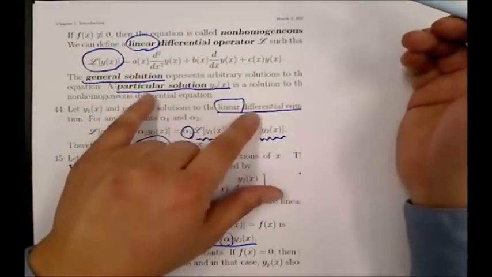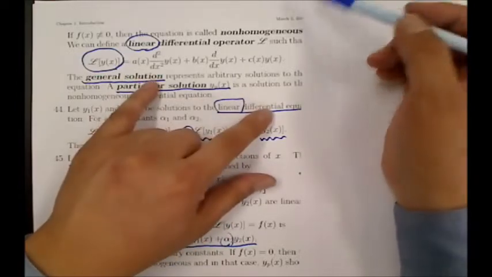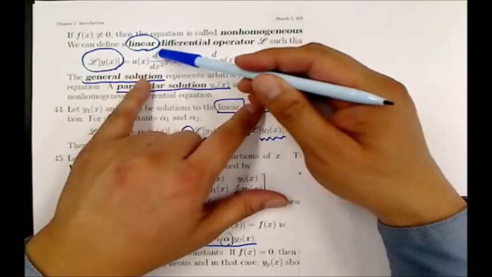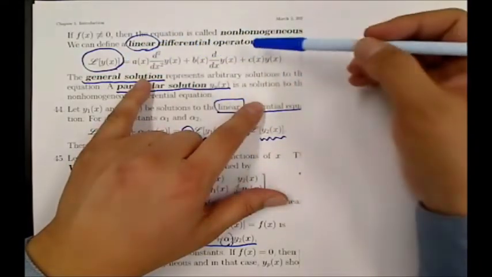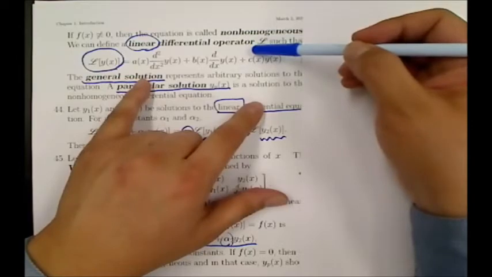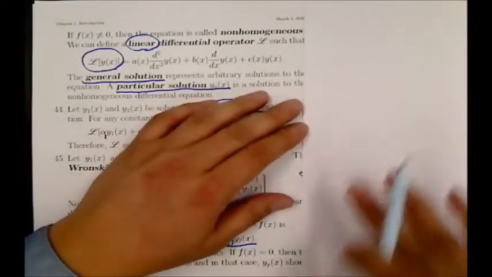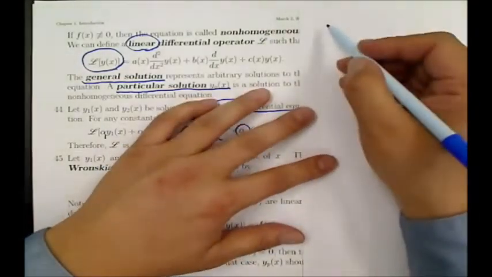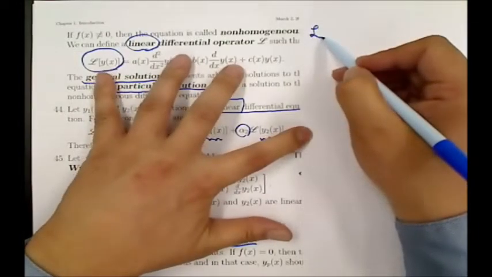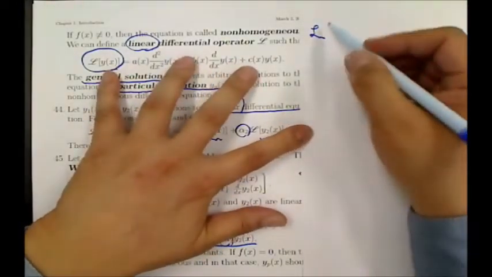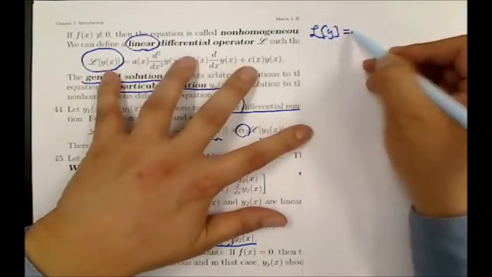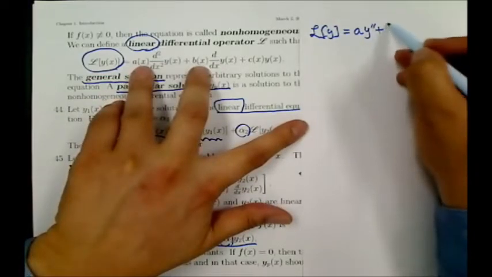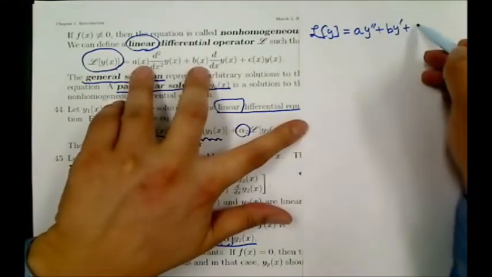The left-hand side of the differential equation is a linear combination of a function and its derivatives. In the case of a second order linear differential equation, they are the function, first order derivative, and second order derivative multiplied by some functions. We say it is linear because, let us first define the operator L. L acting on y means A, a function of x, times y double prime, plus B y prime, plus C y.